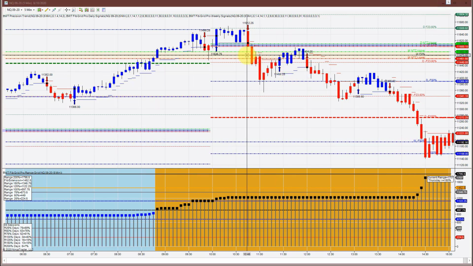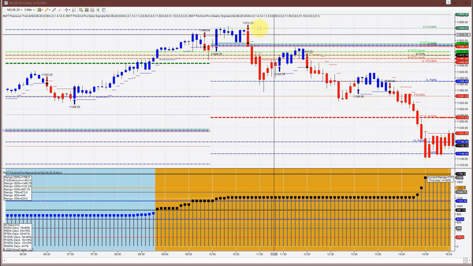So once again, on the Fibgrid, here's today's open, and it just went to 25% of the daily range, and then rolled over from there and retraced to 50% of the daily range, came back up, tested the open. And notice this kind of sideways action around the weekly open, and it couldn't stay above the weekly open. Once it tested the daily open and then rolled over below the weekly open, this is where the market really accelerated to the downside.